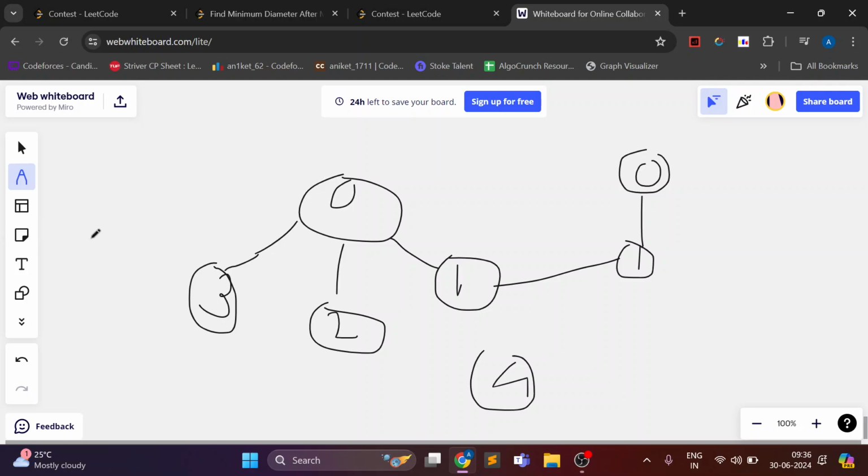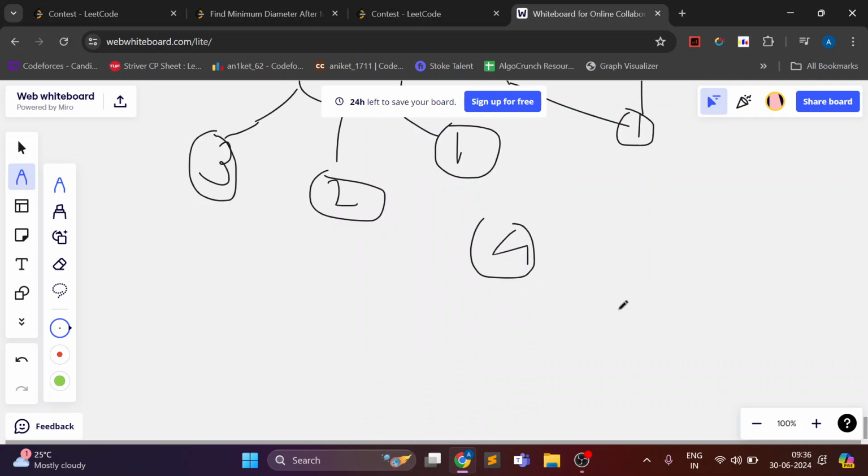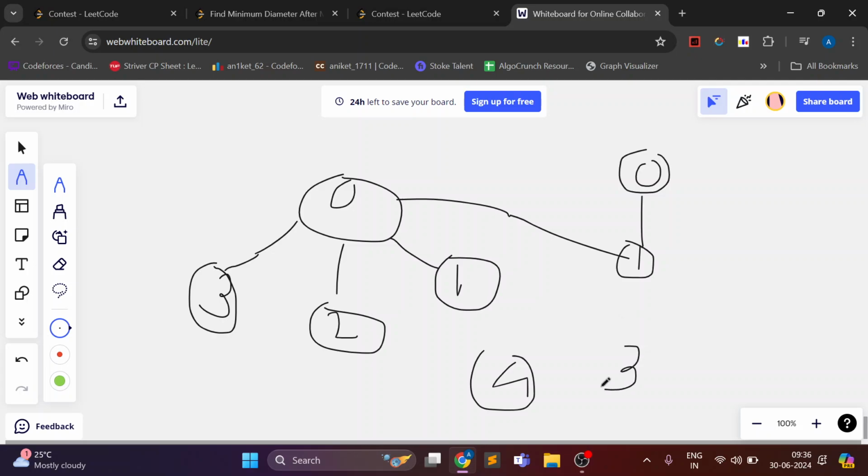Now if I just remove this and join this 0 and 1, now the diameter would be 3, because if you try to find the maximum distance, it would be 3: 3 to 0, then 0 to 1, then 1 to 0.